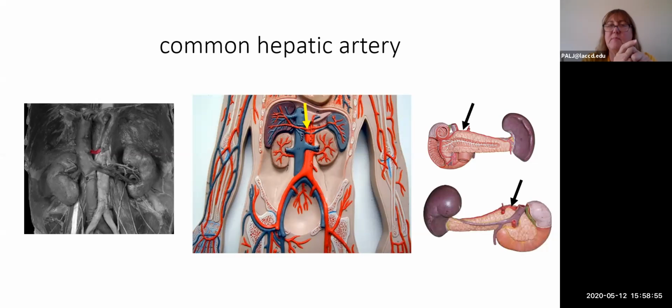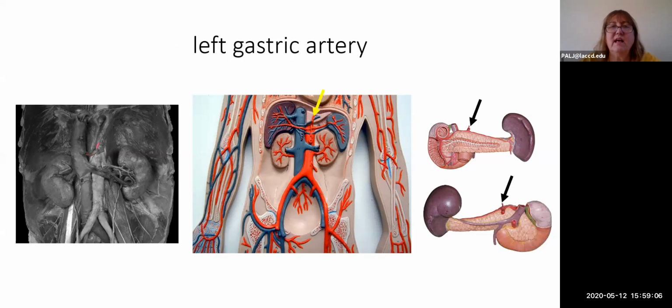So the common hepatic artery is the branch that goes off to the right. Splenic to the left, common hepatic to the right. What we have left is the one that goes up before it cruises left, and that's called the left gastric artery. Those are the three branches of the celiac trunk.